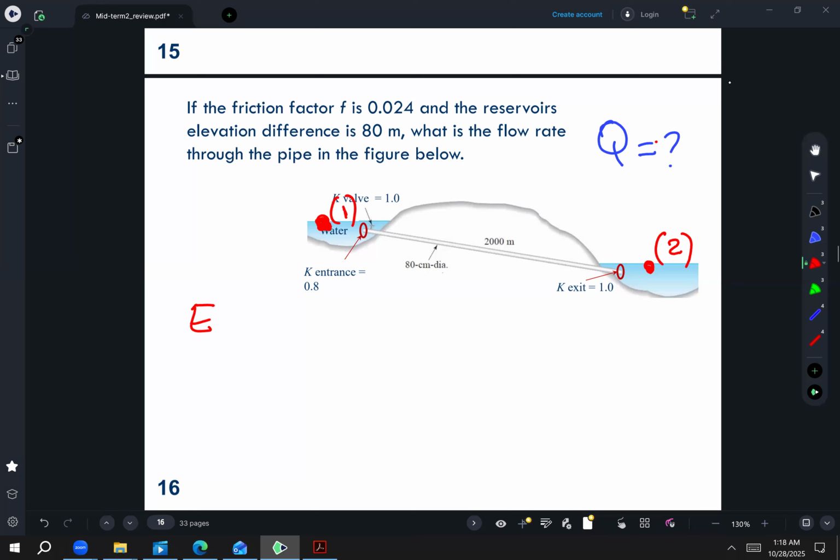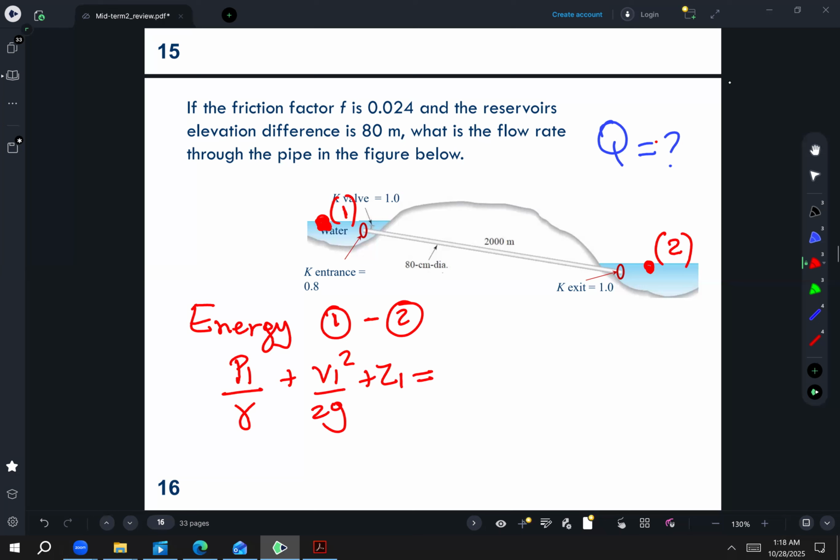So the equation of energy between 1 and 2 will be: pressure 1 over gamma plus velocity 1 squared divided by 2 times gravity plus theta 1 is equal to pressure 2 over gamma plus velocity 2 squared divided by 2 times gravity plus the elevation of 2 plus the local losses and the friction losses, that is the sum of k plus FL over D times the velocity head.